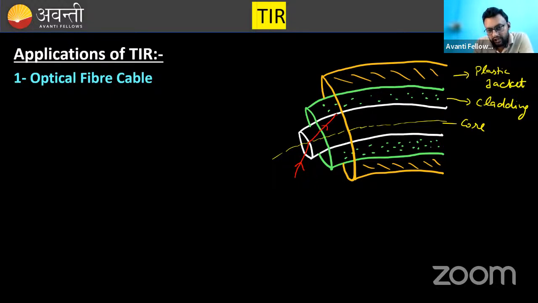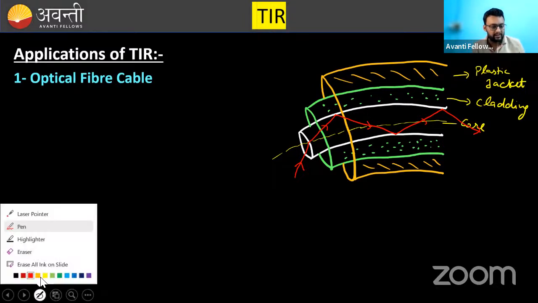After reaching this point, both the mediums are transparent, so light should go out. But due to TIR, it just reflects back and travels like this and comes out. Now you can clearly see that TIR is happening at all the interfaces of core and cladding.